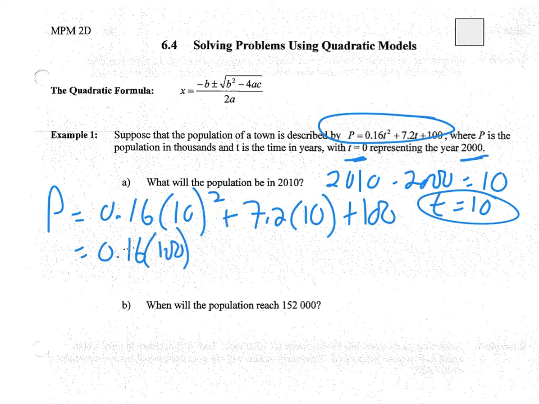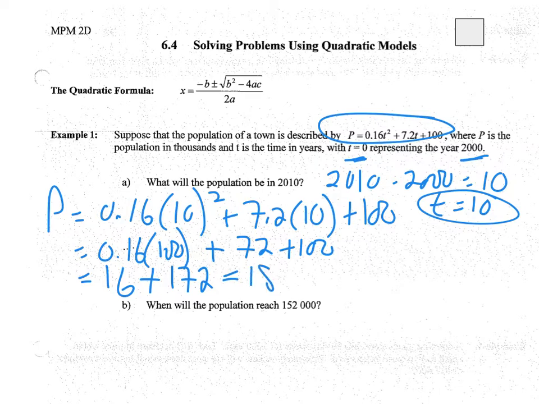So that's going to be 100 times 0.16 plus 7.2 times 10 is 72 plus 100. 0.16 times 100 is 16 plus 72 plus 100 is 172. And when we make the final addition, it becomes 188. So P equals 188 when T equals 10.